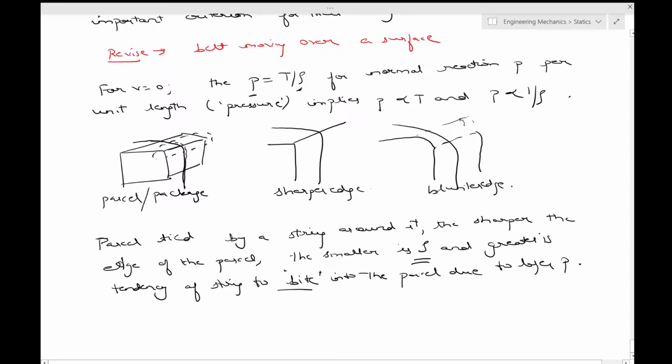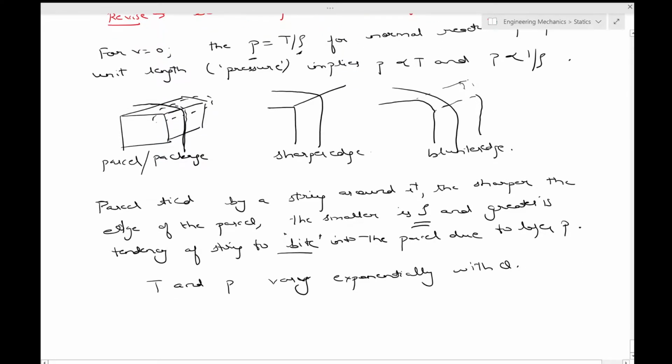Okay, now T and P vary exponentially with theta. So if you recall equation 2.76, please pause the video, go back and check equation 2.76. There you have T1 by T2 is equal to e raised to the power of mu s theta. Okay, this is for impending slip.